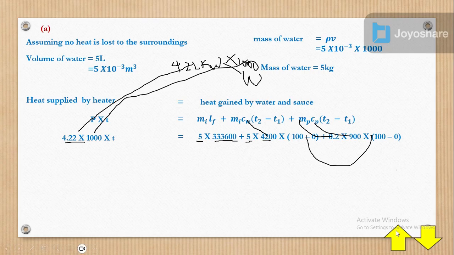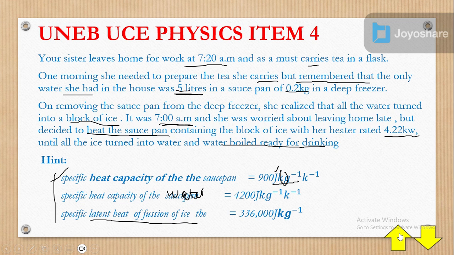Let's go there and confirm. Realize that from the question they said a saucepan of mass 0.2. You can see that there. Now the kettle was rated 4.22 kilowatts. I think you can see that.